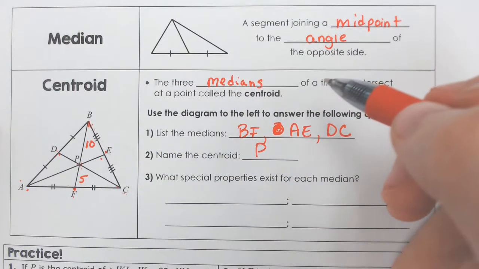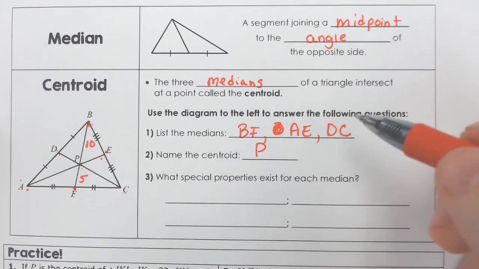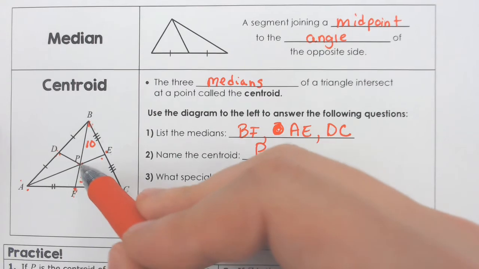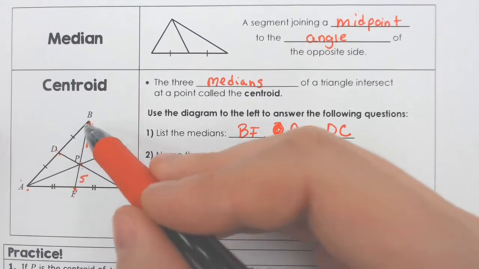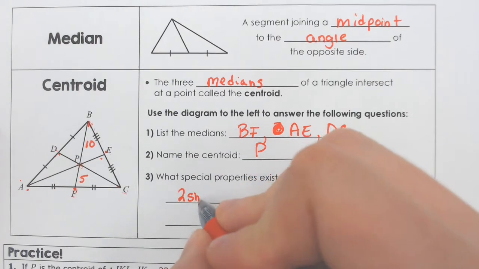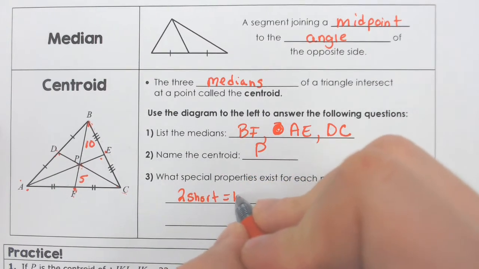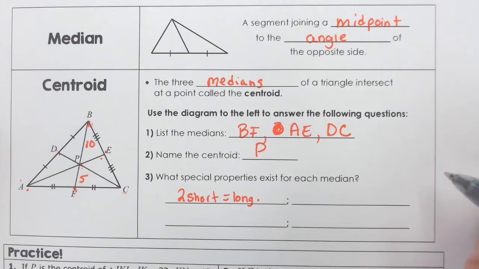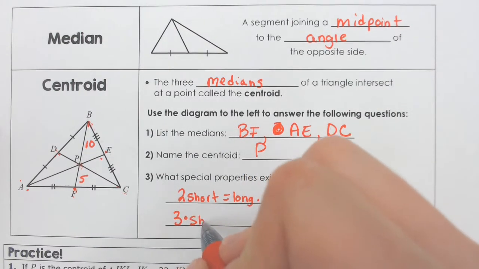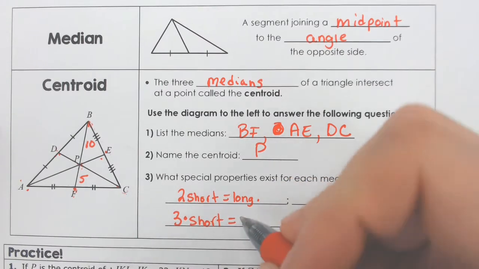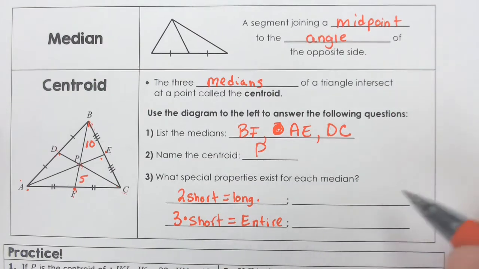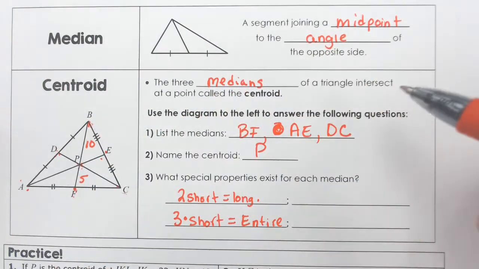So that means there are a few special relationships here. If you double the short part, it would equal the longer part. So 2 times the short part would equal the longer part. At the same time, 3 times the short part would be equal to the entire thing, the whole way across.